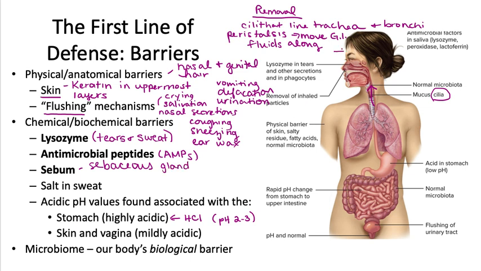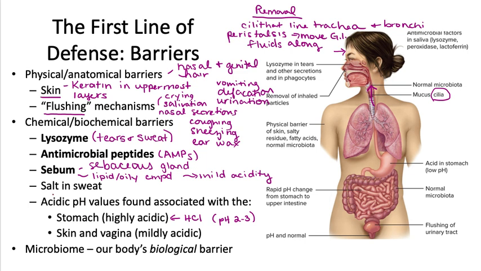Our sebaceous glands secrete sebum, a lipid or an oil. And when it's fermented, it can provide a mild acidity. So sebum promotes a mild acidity to our skin, which helps prevent other pathogens from attaching.